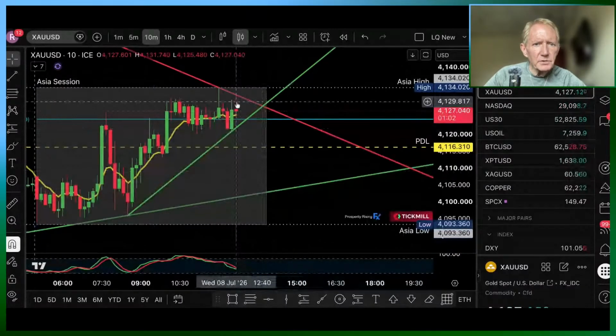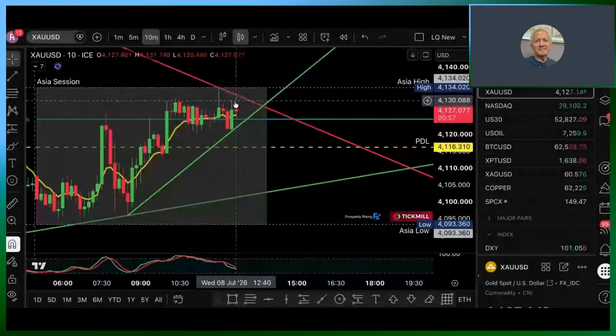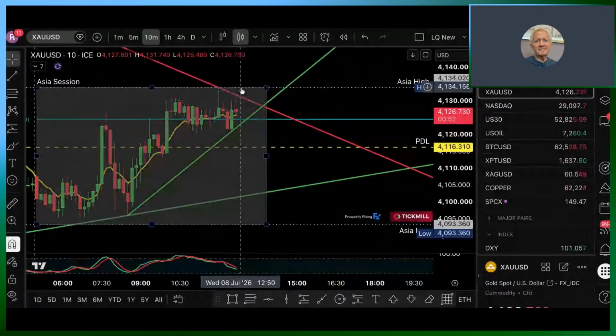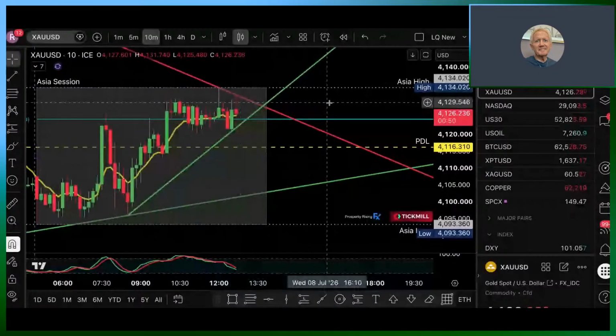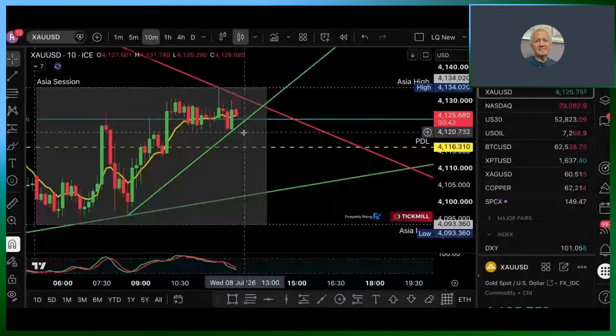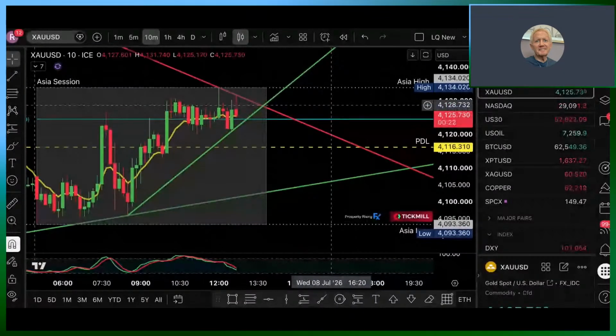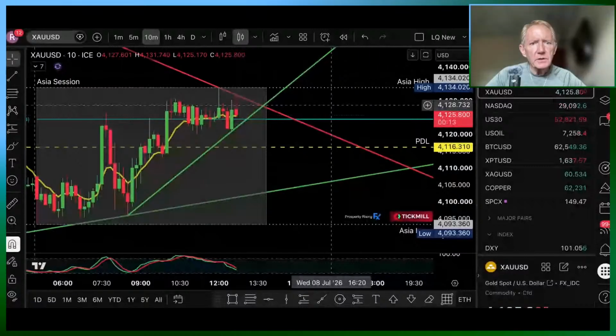And it can be a good little trade, because if you take the bounce, it looks like it's going to come on down.